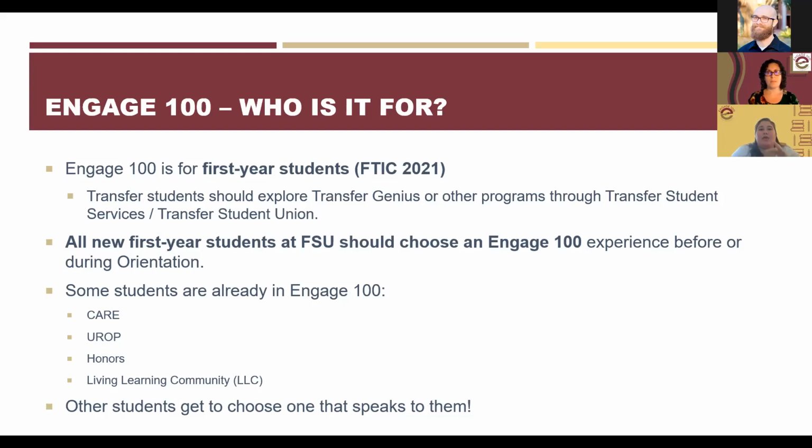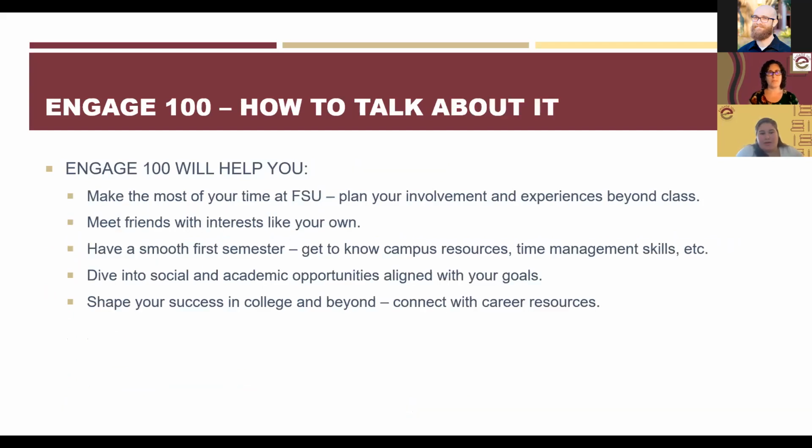So if we go to the next slide, we'll talk about how you talk to your students about it. What will they gain from being in an Engage 100? They'll learn how to make the most of their time. They'll learn about different engagement opportunities, involvement experiences beyond the classroom, learn from peers, and meet friends with similar interests, or even just the desire to get involved.